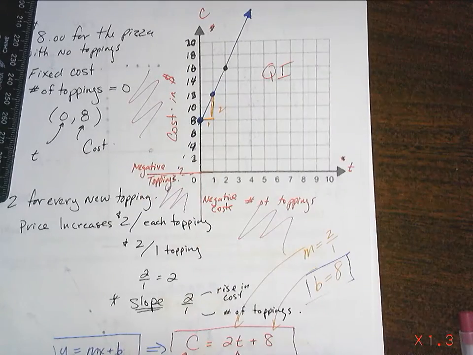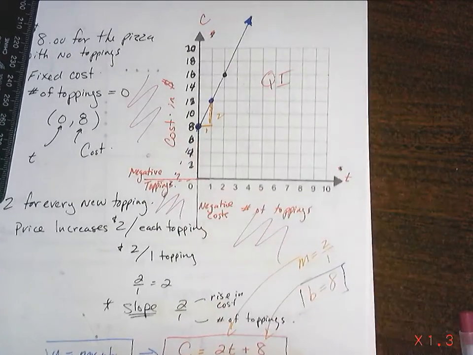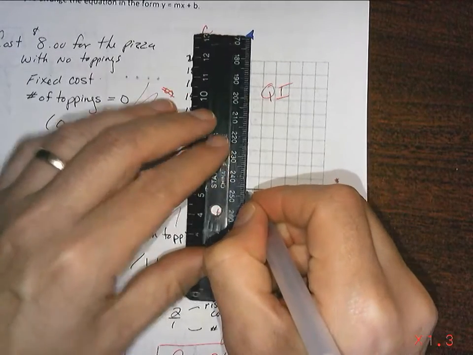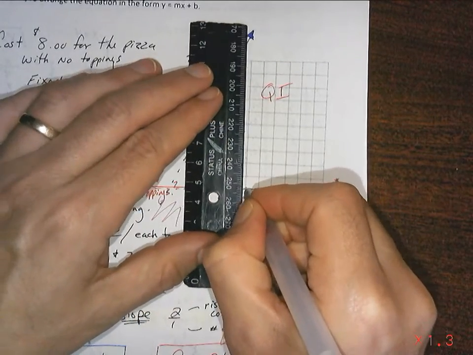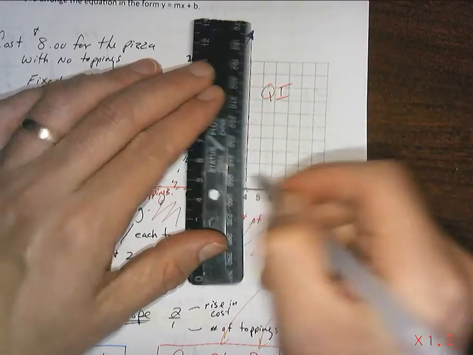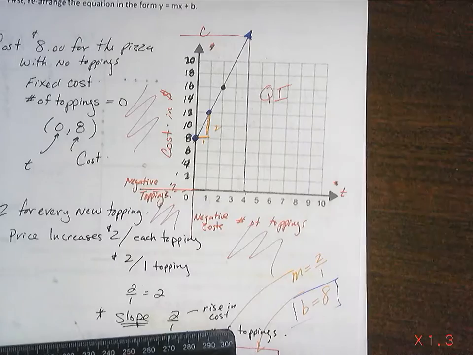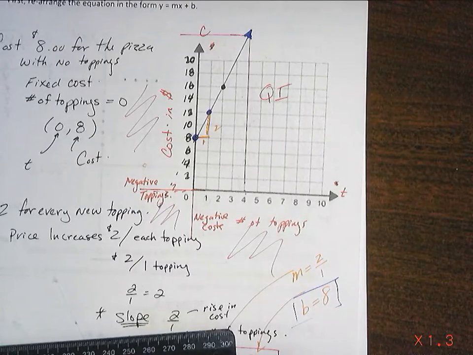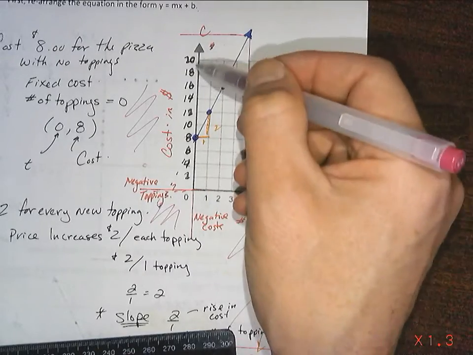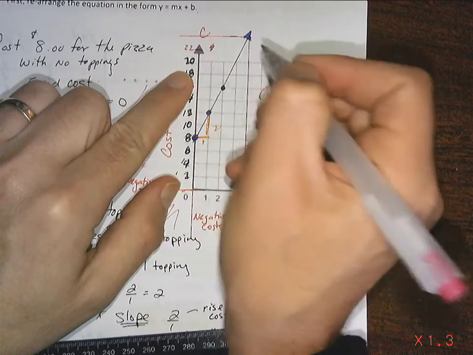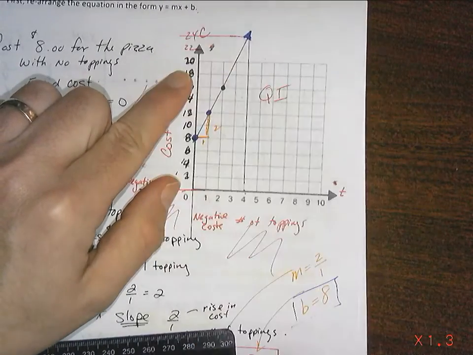And we can use this to figure out the cost of maybe 4 items. And so what I do is I come out to 4 toppings and I go up and I go across and I can read it off the graph what I think 4 toppings would be. And I've run out of scale, so it's definitely going to be an estimate, but I'm thinking 4 toppings should be about $24.